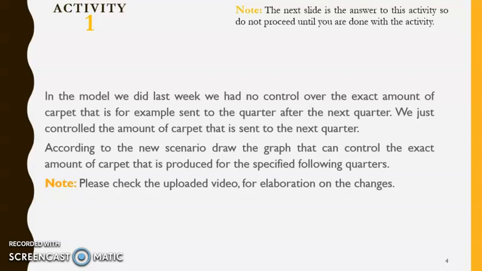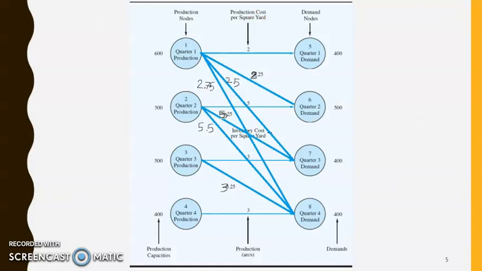It is not just drawing a graph, my friends, because in the previous situation we had the model and we drew the graph accordingly. But here you need to think more about how you can do it. It is the graph that you should come up with, or maybe you have developed some other type of graph.